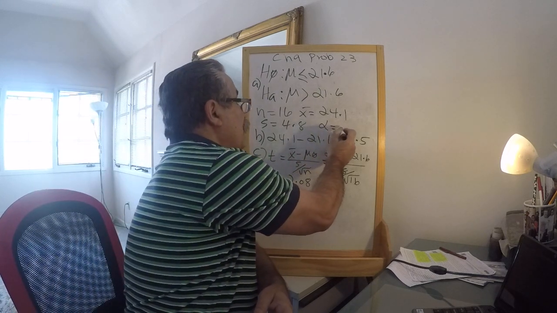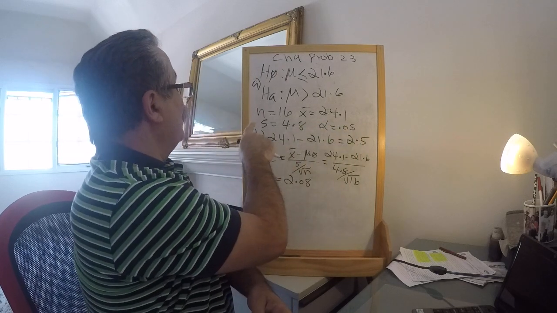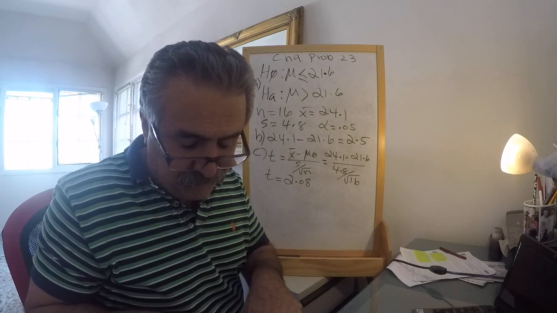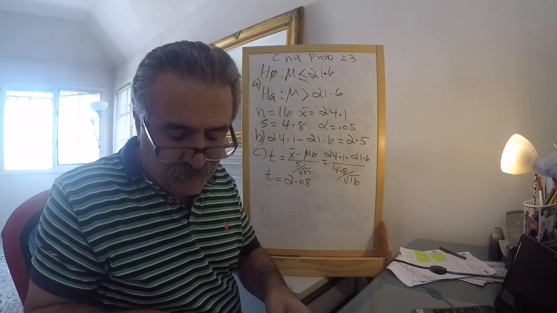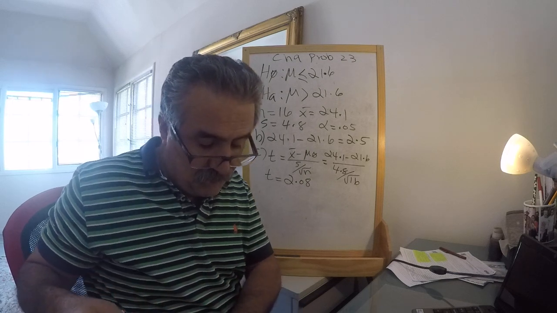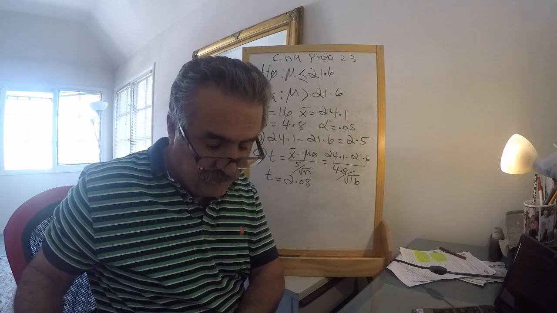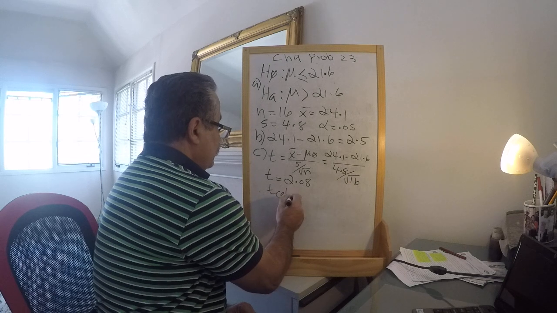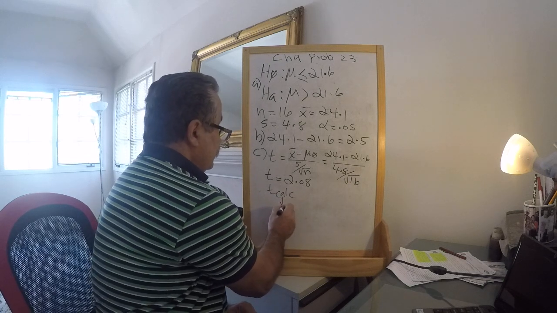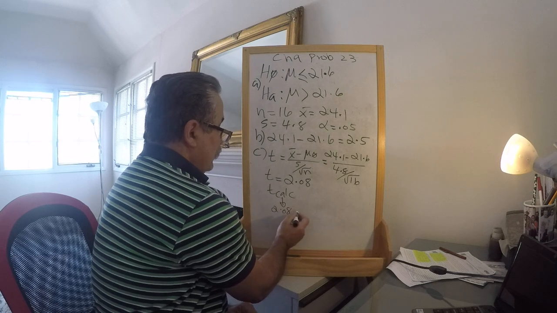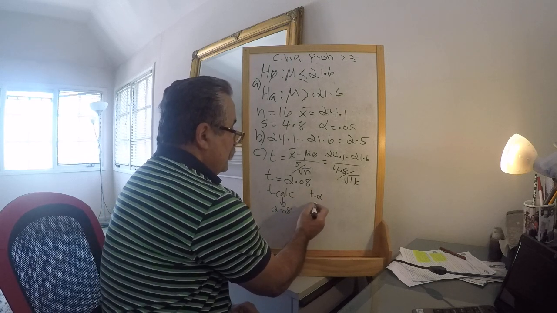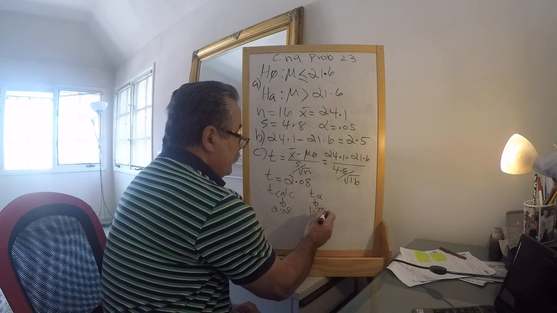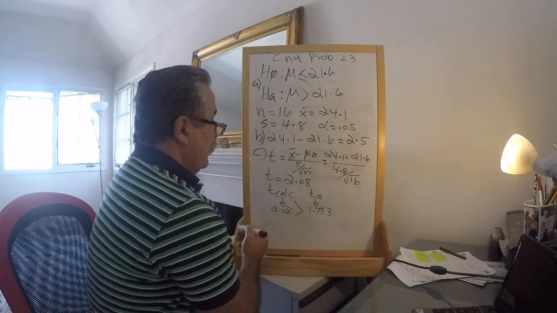For n of 16 we go to 15, and then alpha equal to 0.05. The T of the alpha is 1.753. So T calc is 2.08 and T of the alpha is 1.753. Our T is greater than that, we reject H0.